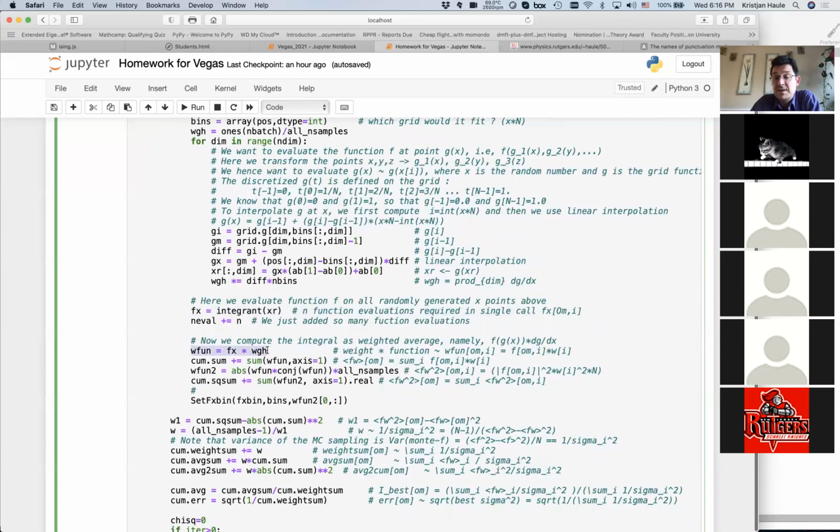Now, I didn't know at the beginning how exactly I needed to do it, and I had to read the documentation of NumPy to see how NumPy behaves.